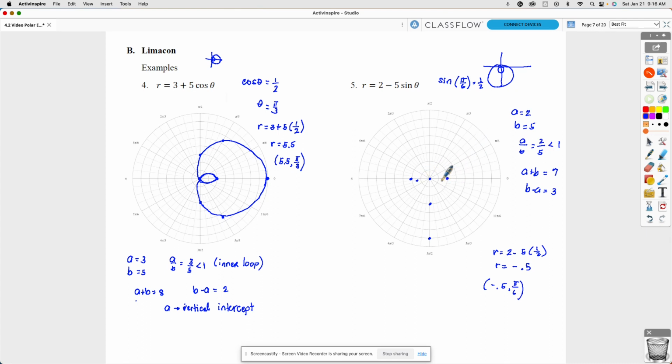And then it will be reflected over here, okay? And then we graph, so we have this inner loop, and then we're going to have that outer loop. Now again, if you want to do more points, you are welcome to do so.